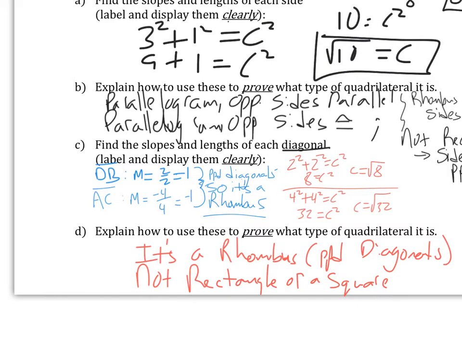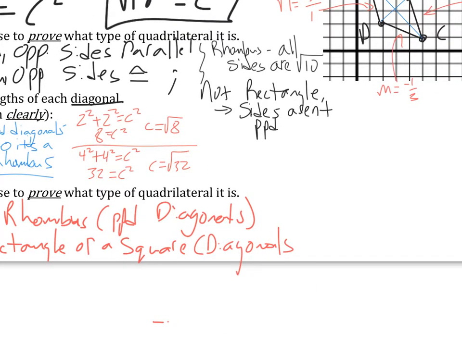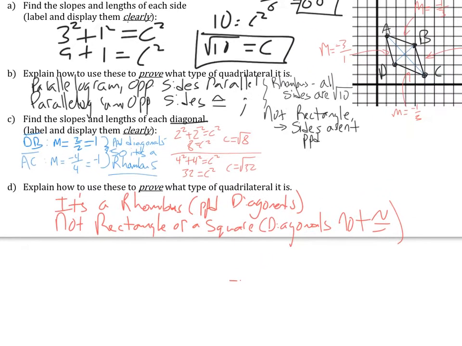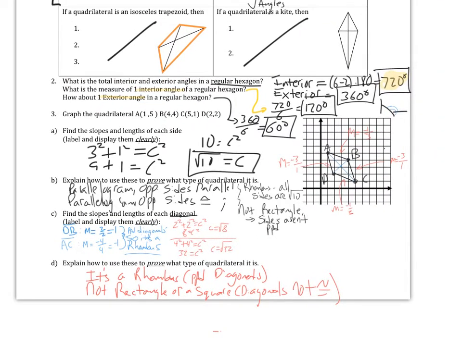So it's not a rectangle because the diagonals are not congruent. Okay? All right. So that's the idea. Diagonals are not congruent. All right, it's a rhombus, but it's not a rectangle. Well, hey, again, that's more than you would need to do, but those are all the different ways to prove what a shape is. Okay, what a polygon is.